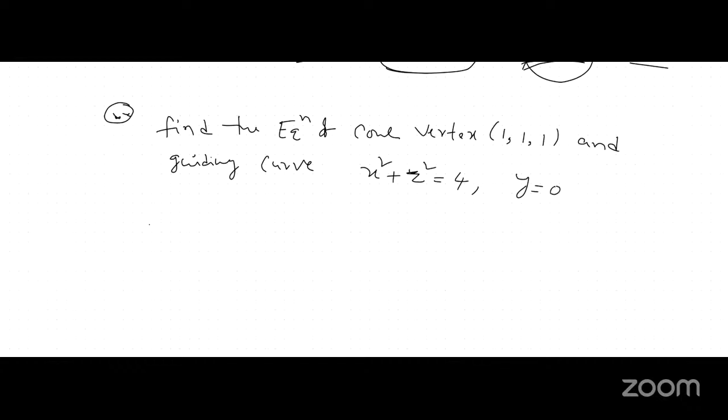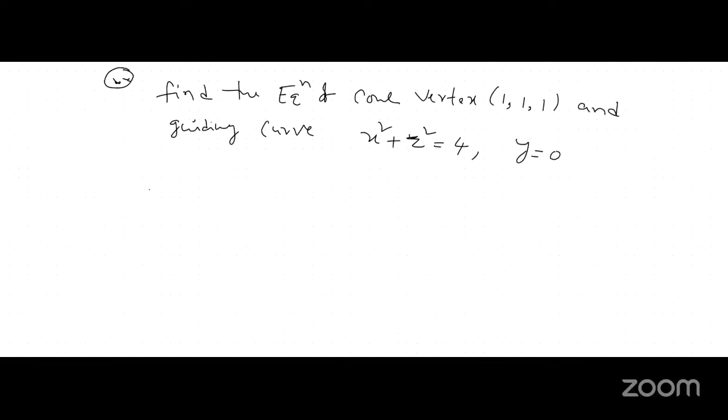Now let's see the solution and the figure. So this is the point 1 comma 1 comma 1, and this is x square plus z square equal to 4 and y equal to 0.